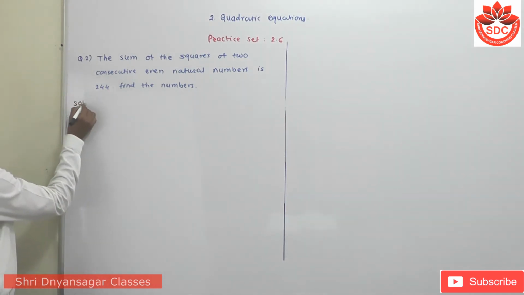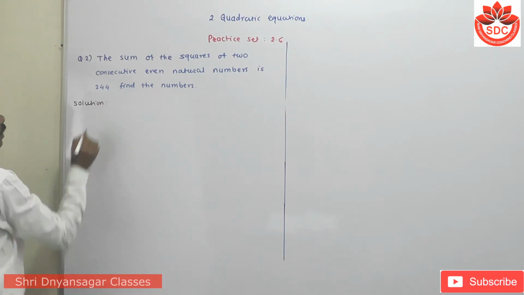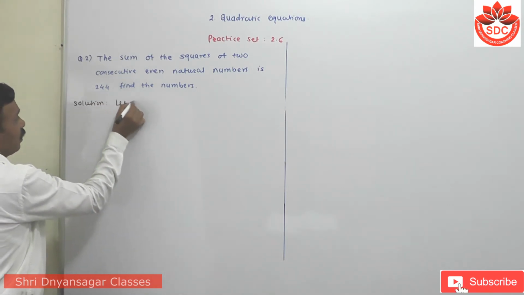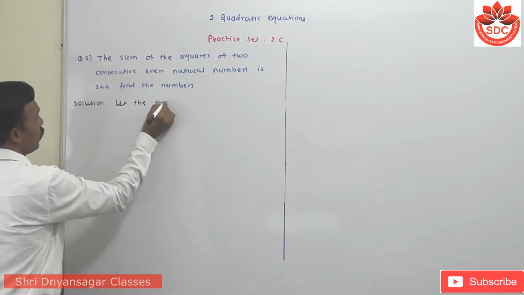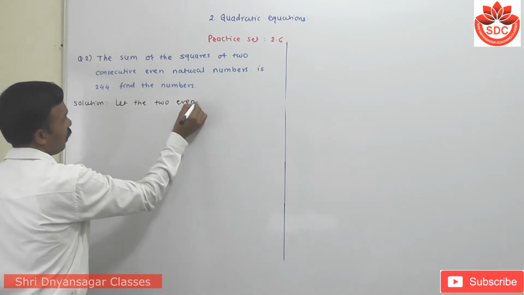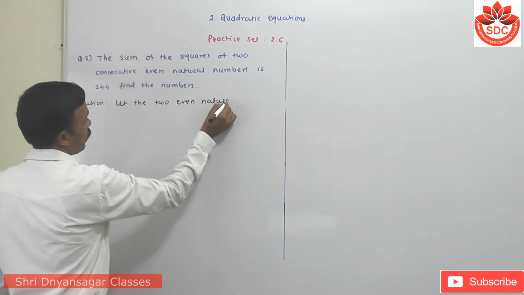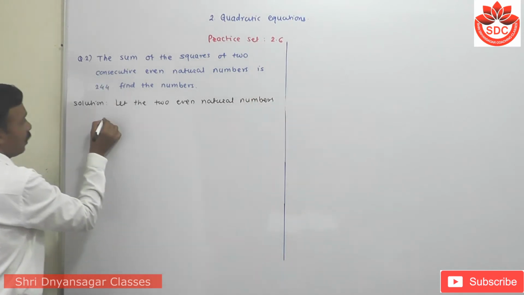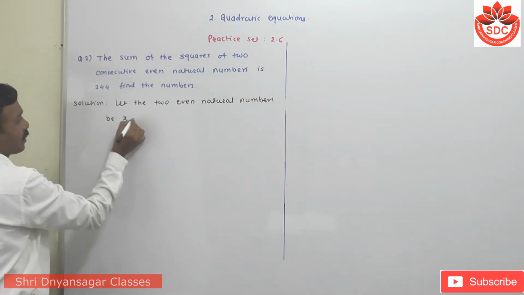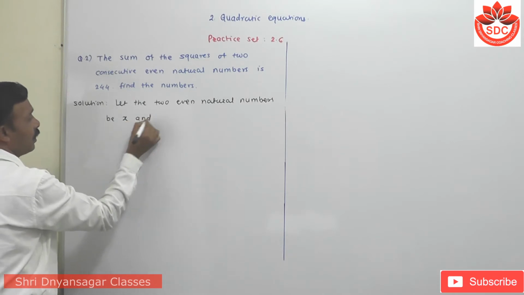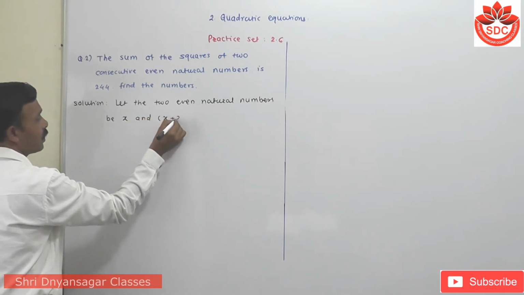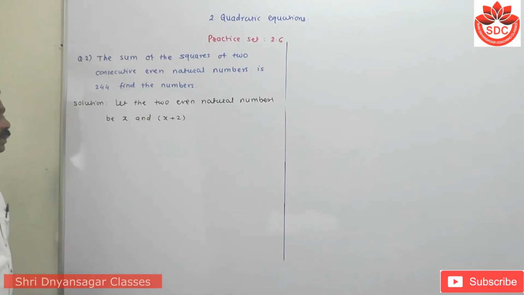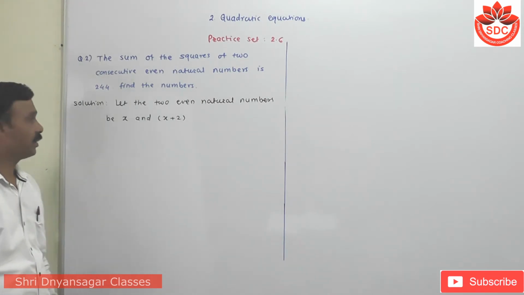Its solution is: let the two even natural numbers be x and x plus 2. These are the two even natural numbers.